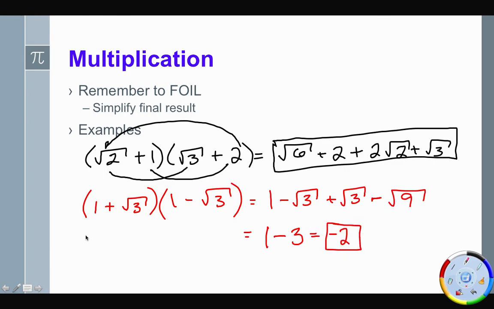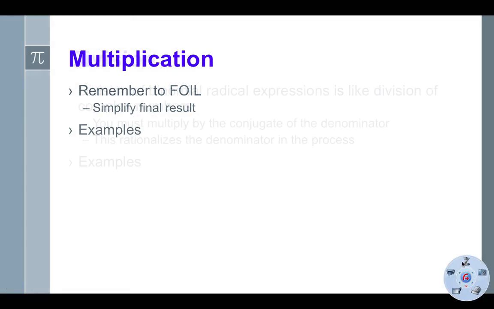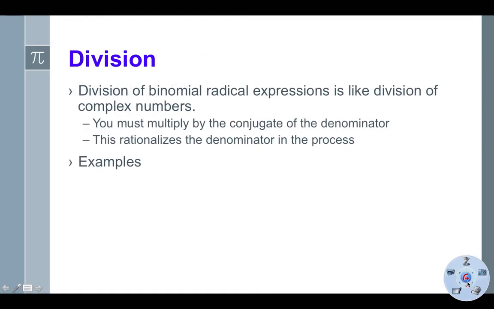So notice that we go from radical expressions down to a whole number, or an integer, when you multiply these two things together. These are conjugates. When you multiply two conjugates together, you get a nice whole number. That plays a huge role in the next piece, which is division.